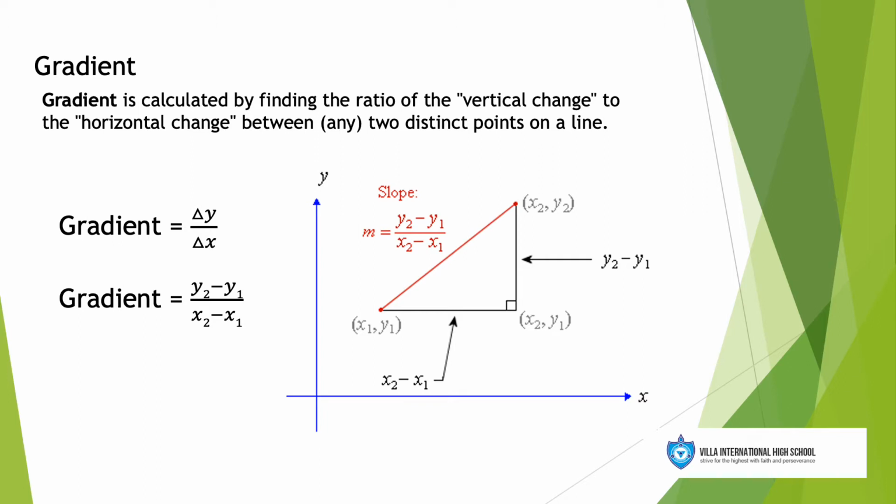Once we mark the two points, we can easily identify the x1, y1, x2 and y2 values from the axes, and then use the equation gradient is equal to y2 minus y1 divided by x2 minus x1. This is how we calculate the gradient.